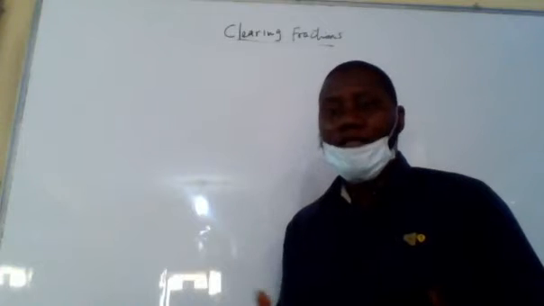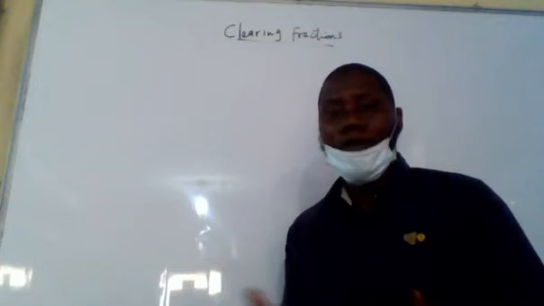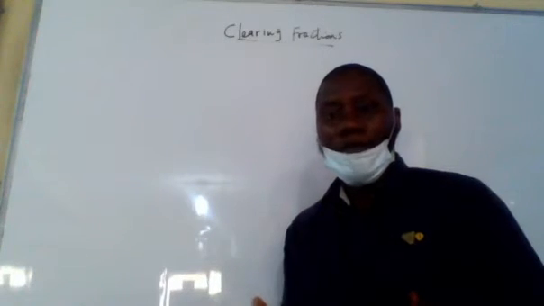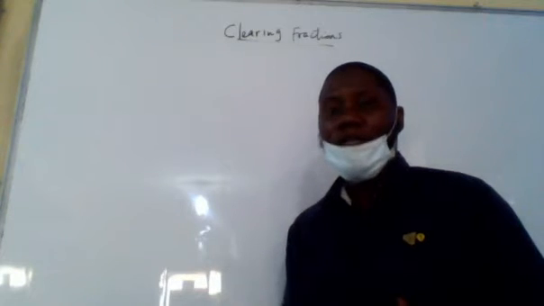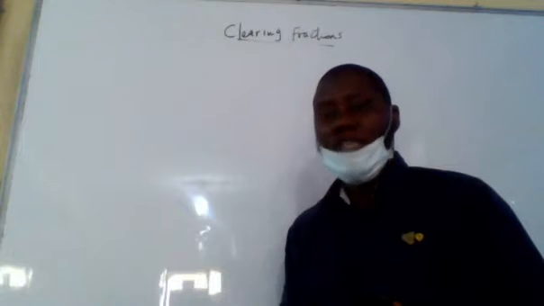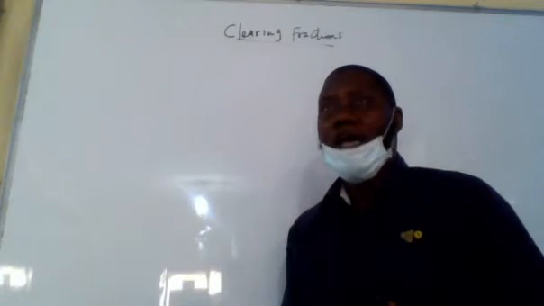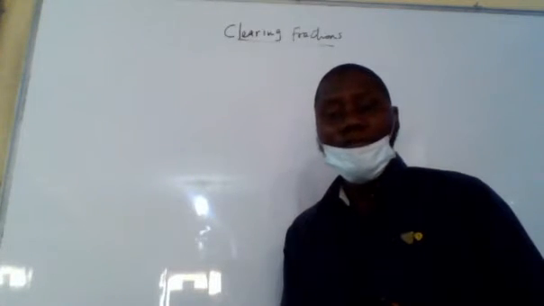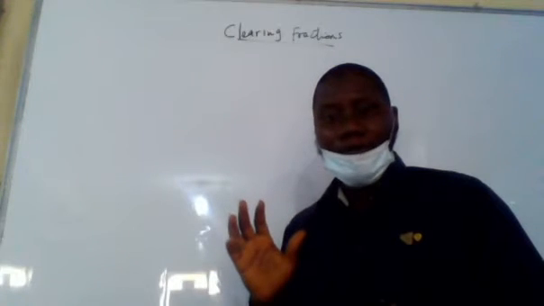So, if you are the type that doesn't like working with a fraction, this is what you can do to clear fractions. It's very important to understand how to clear fractions. And in clearing fractions, there are 3 steps involved.